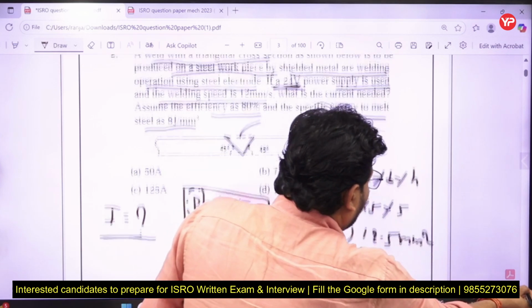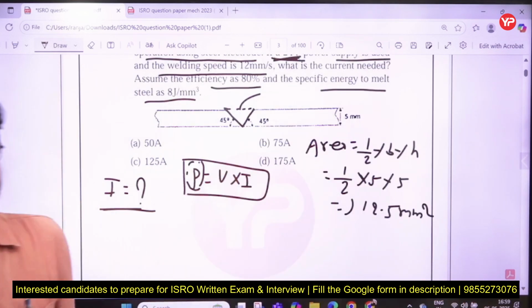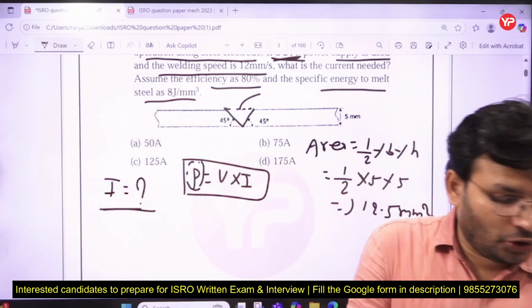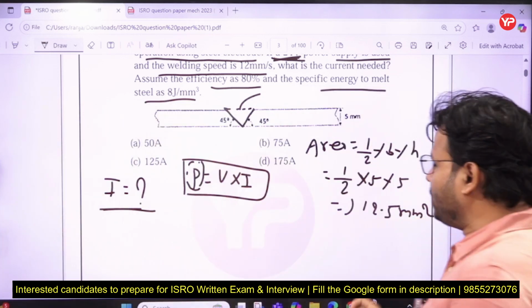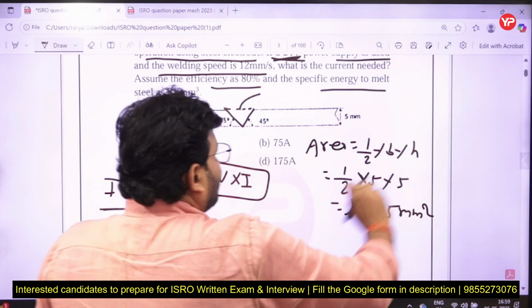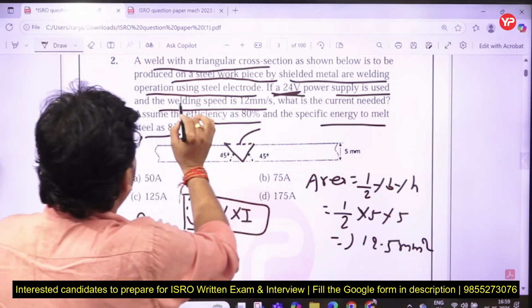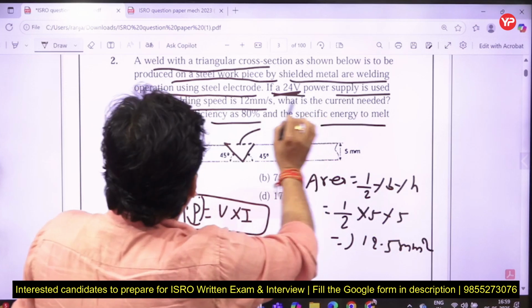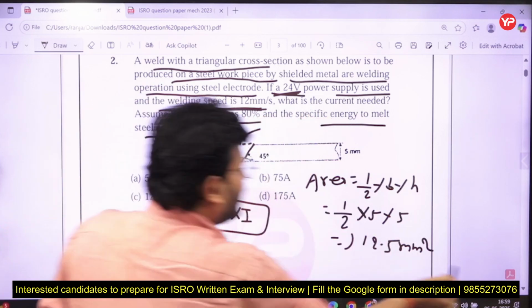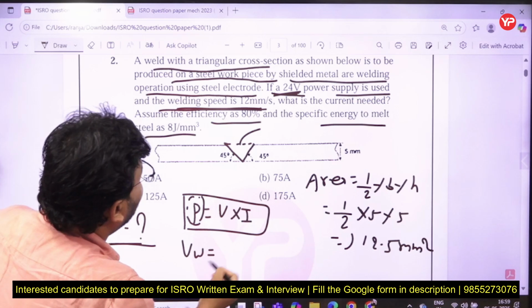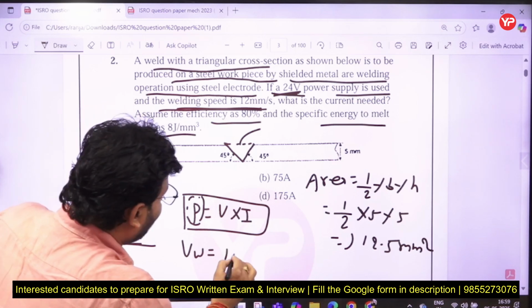Now coming to the next concept, you have got the area. Now tell me, what will be the volume of weld metal deposited per second? That is the area, and you can see here that the welding speed is given. What is the welding speed? In the question it is 12 mm per second.